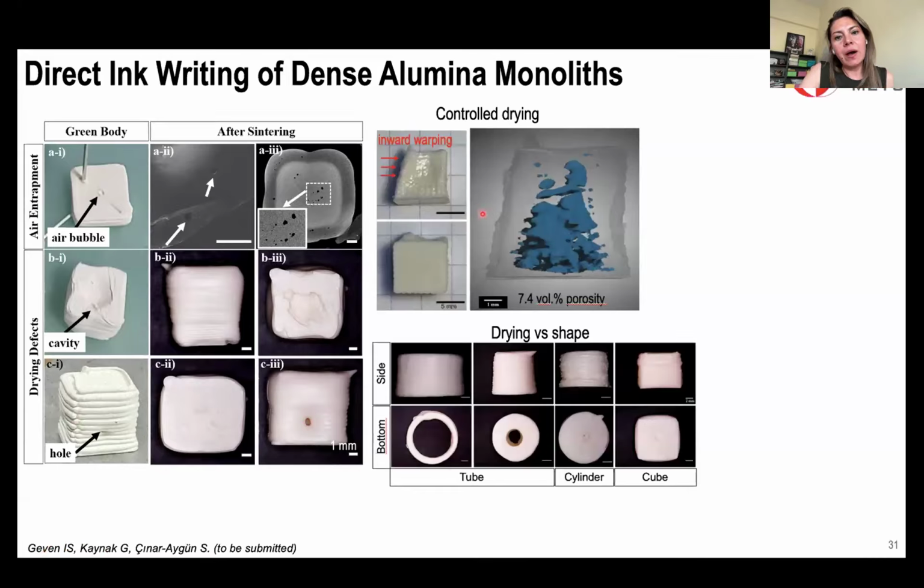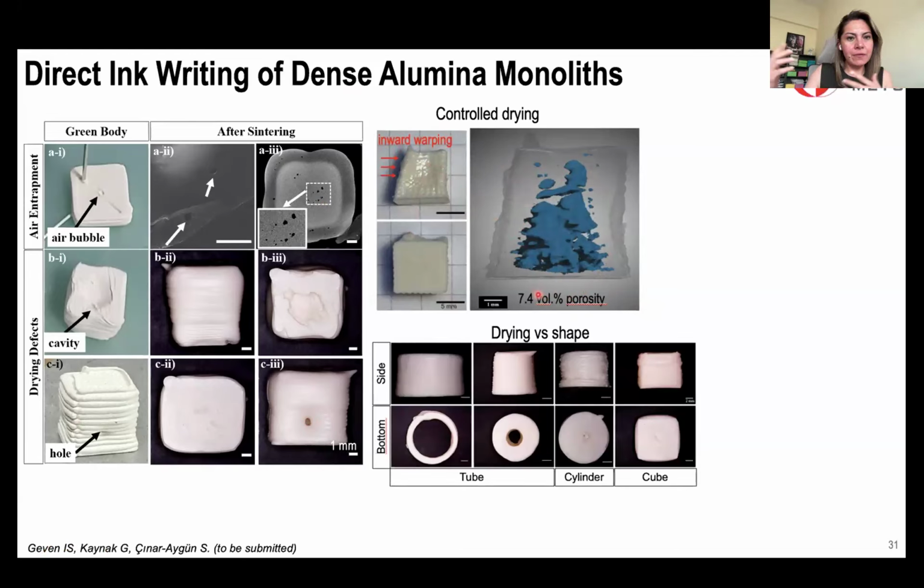So we controlled that drying. This time we eliminated the cavity and hole formation, but then we faced inward warping. And if we did not have that inward warping, then we realized there were interconnected pores in the structure.